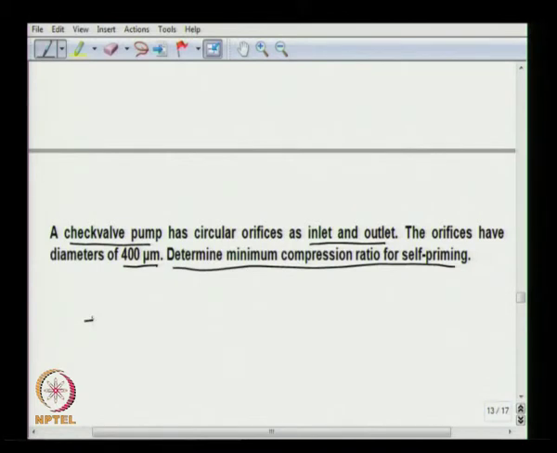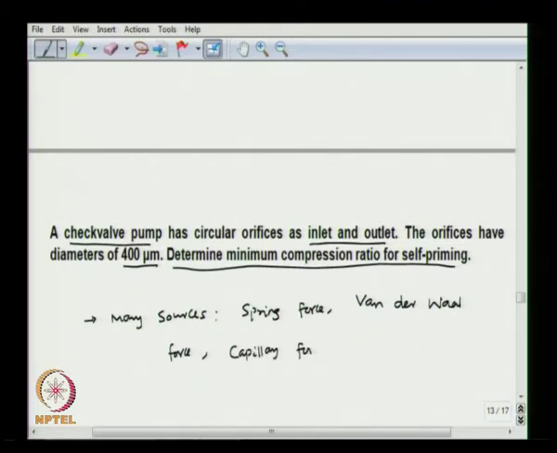So, we will have many sources like spring force, van der Waals force, or we can have capillary force.